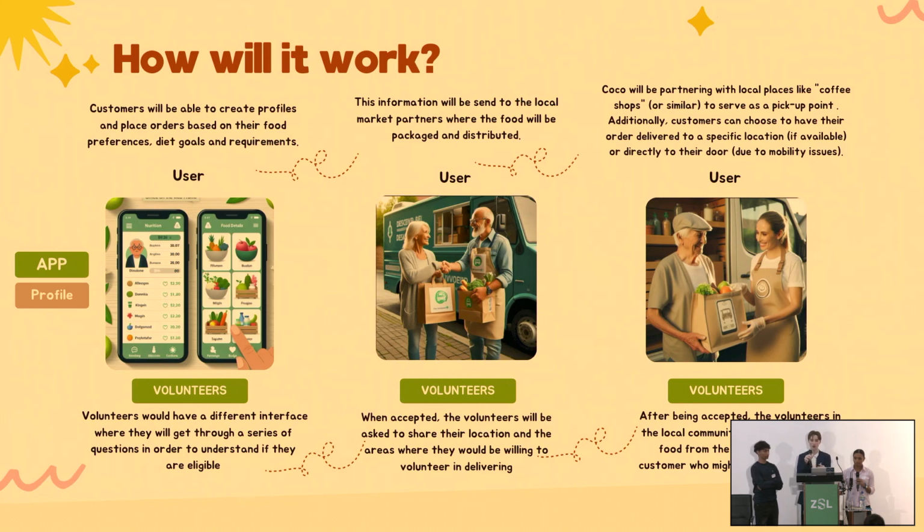And we will also hold groups and sessions in local churches, any kind of public space where they can come and meet up, because a lot of the elderly generation struggle as they get older to connect with each other and find that space. So we're going to create that opportunity for them, and so it will be run primarily on volunteers, and we will connect them with the nutritious food that they need.